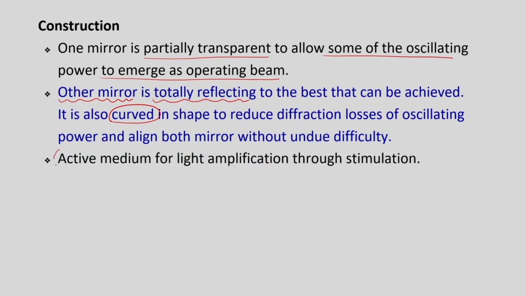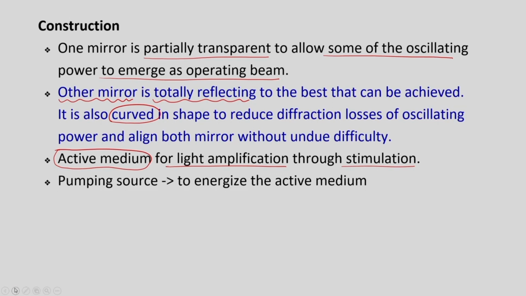We require an active medium for light amplification through stimulation, and the last very important part is the pumping source. Based on the pumping source itself there are various types of lasers in use, and the function of the pumping source is to energize the active medium.